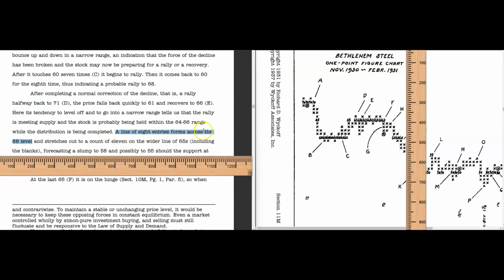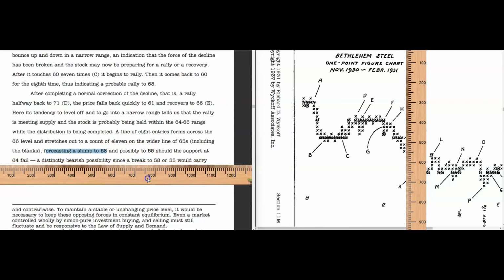A line of 8 forms across 66 and a wider line of 11 across 65, including the blanks. There it is. You gotta count the blanks, the spaces between the x's. You gotta count them. Forecasting a slump to 58 and possibly even 55 should support at 64 fail.